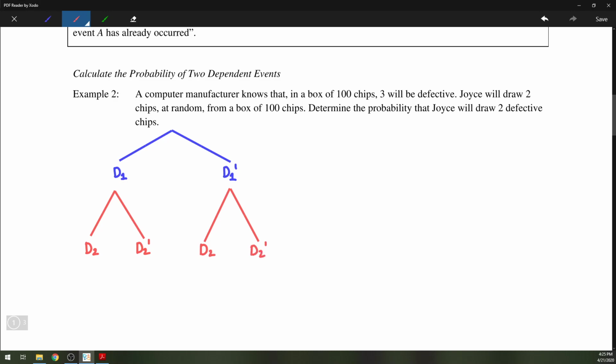So let's consider the probability of each part. The first chip, there are still 100 chips, and 3 of them can be defective. So this will be 3 out of 100. And the 97 chips that are not defective will be on the right here in the complement.